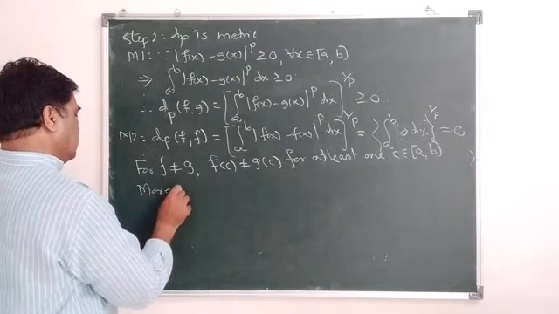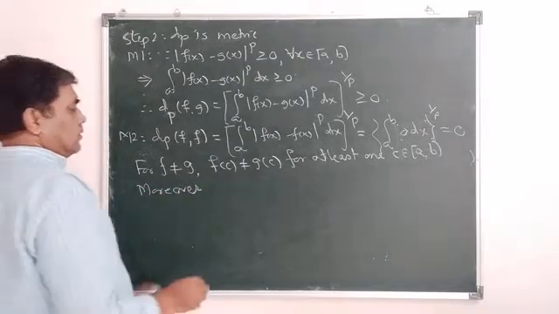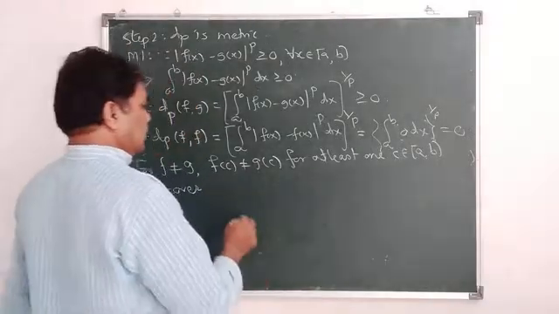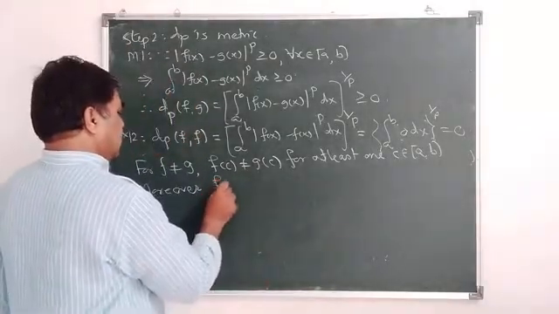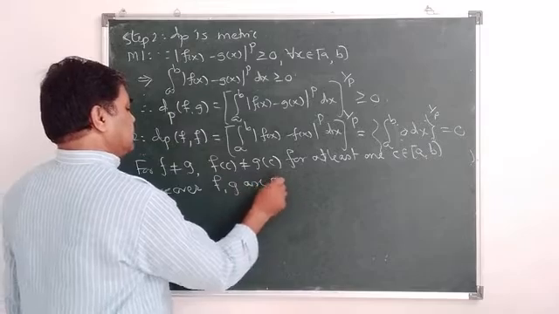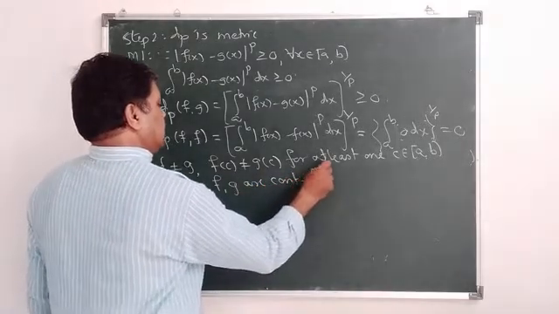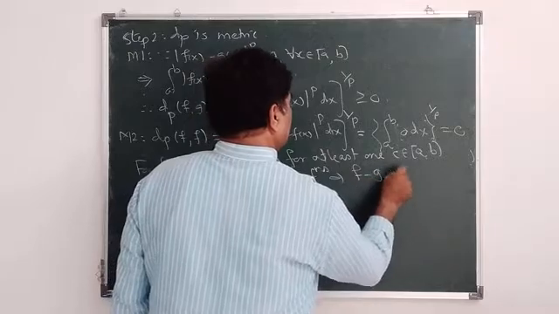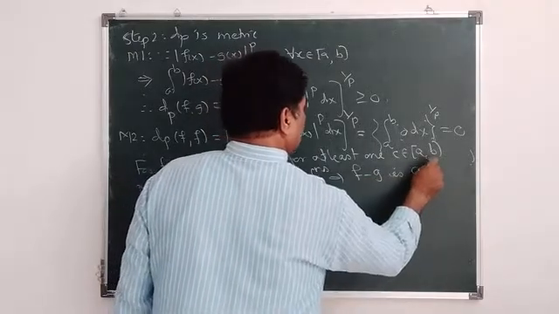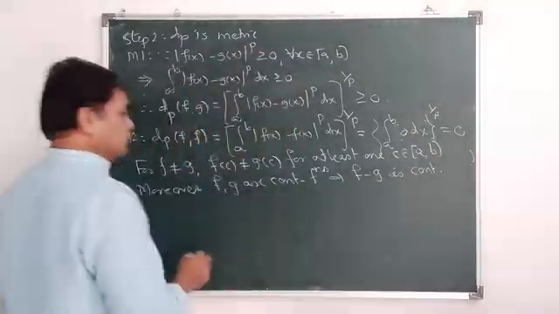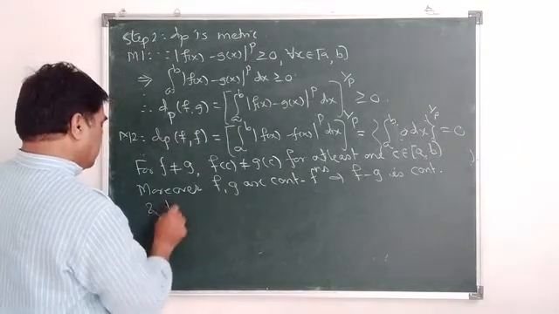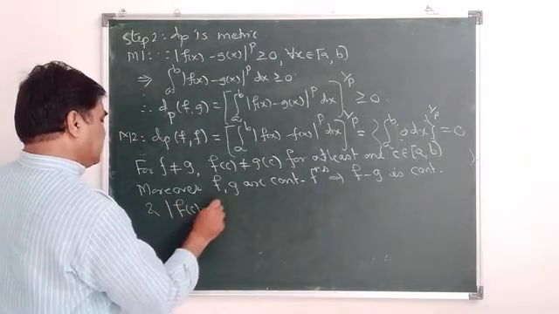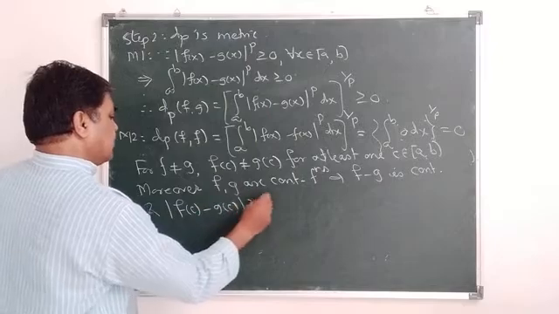Moreover, f and g are continuous functions, which implies f minus g is a continuous function on [a,b], and mod of f(c) minus g(c) is greater than 0.